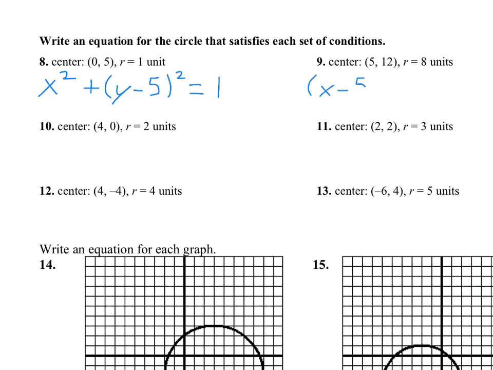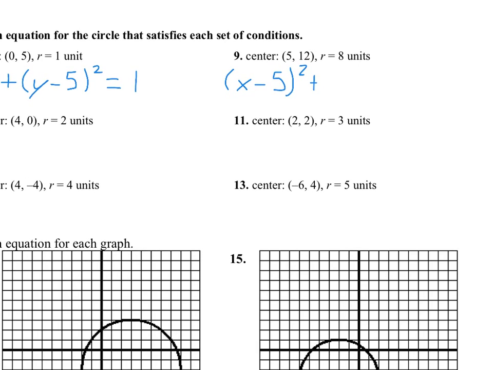So always take the opposite: x minus 5 squared plus y minus 12 squared equals 8 squared, which is 64.